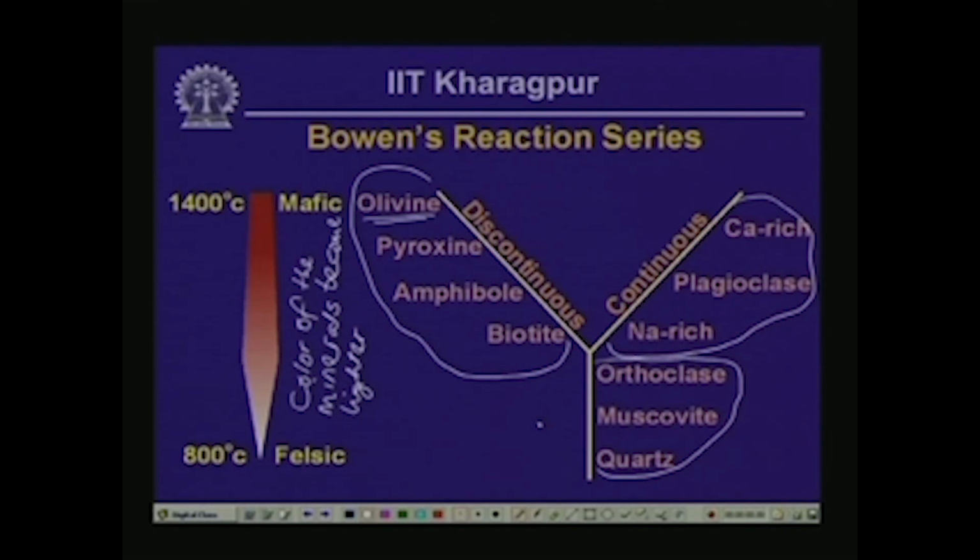And we will see that as we climb down along the Bowen's reaction series, or as the temperature of the magma falls, the rocks that form from that magma are less and less susceptible to weathering.